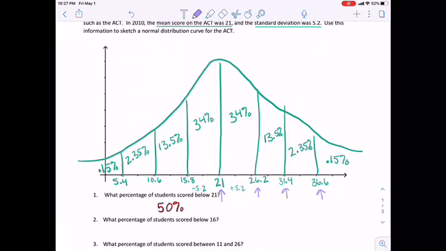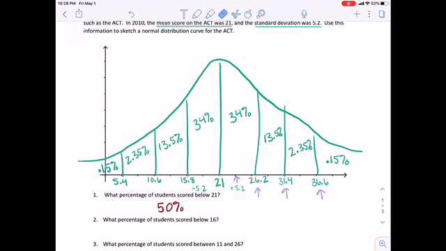Sometimes people get scores that are in between. For example, what happens if I get a 24? Well, I know that if I scored a 24, I'm falling somewhere in between the 21 and 26. But if I want to know what percentage of students I outscored, it's going to be hard because I don't know how much of this 34% right here is lower than me and how much is higher than me.